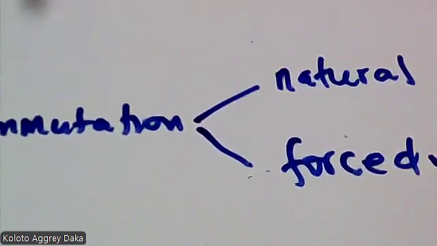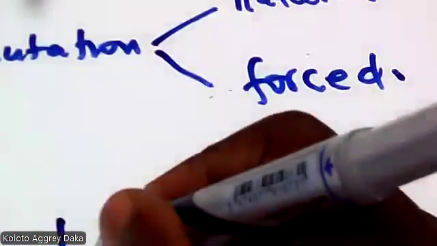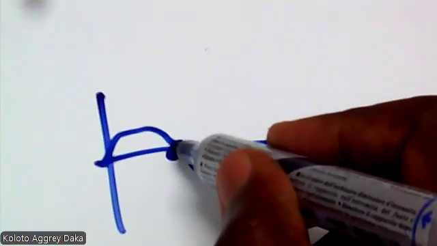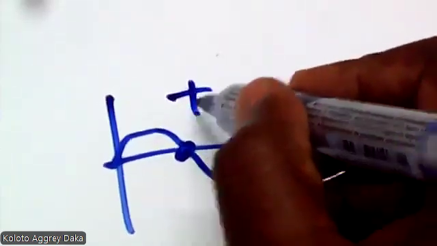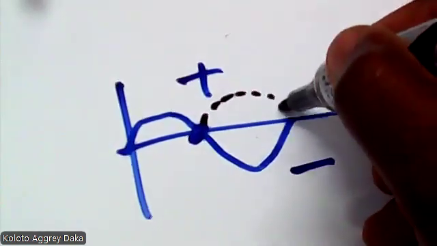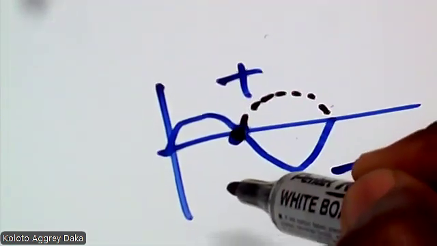You and I know that an AC wave is like this. When there's a change of wave here, from the positive side to the negative side, when you use the full wave bridge, this curve comes up like this. So at this point, there's a change of direction.